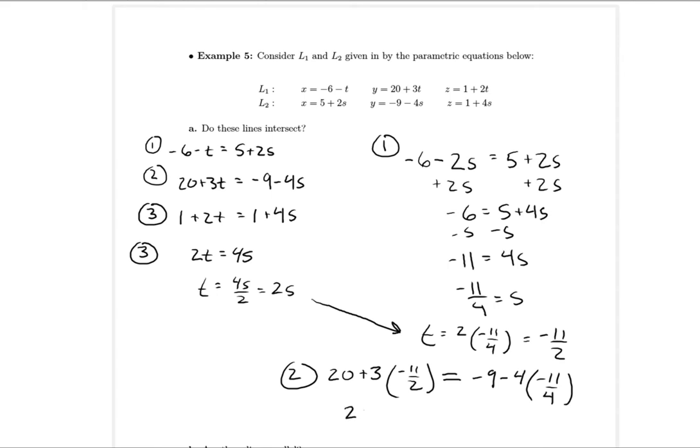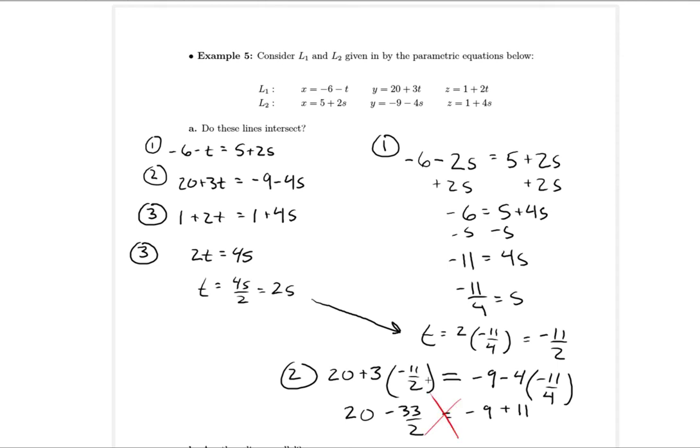So that's 20 minus 33 over 2 is supposed to equal -9 plus 11, which is 2, which definitely does not work, right? So that leads us to equation number 2 not working.